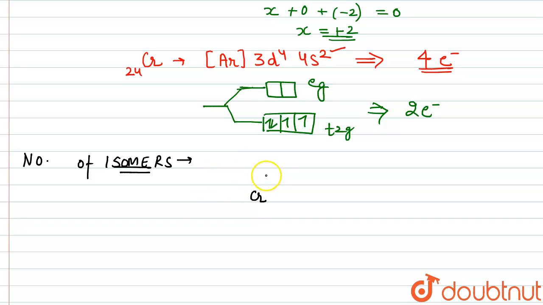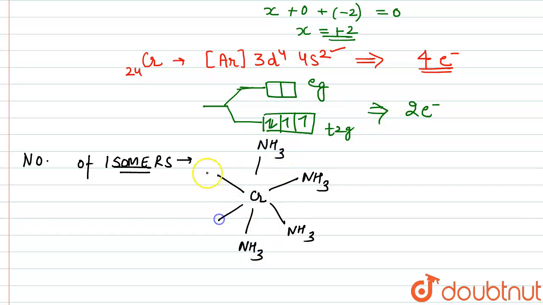First we will draw the cis structure. For cis structure we have 4 ammonia, so they will be kept on the same side. And 2 NO2 groups will be kept on the same side like this. So this is the cis structure.